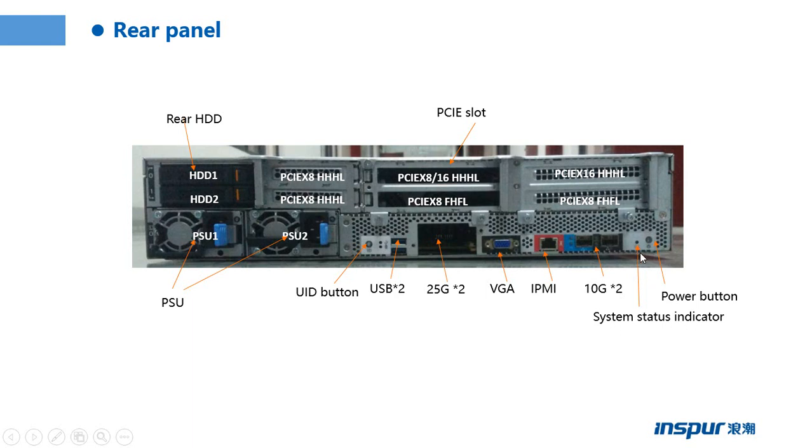From the indicator, we can see the system's status. This button is also the power button. It can also control the power of the server. We can press the button to power on or power off the server.